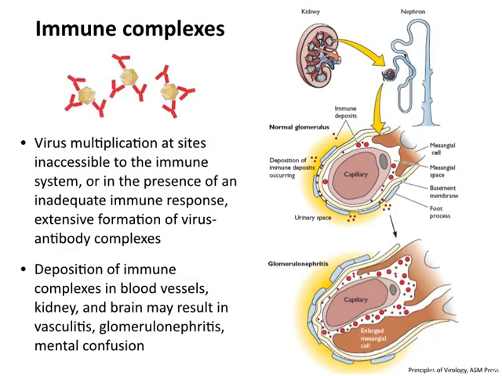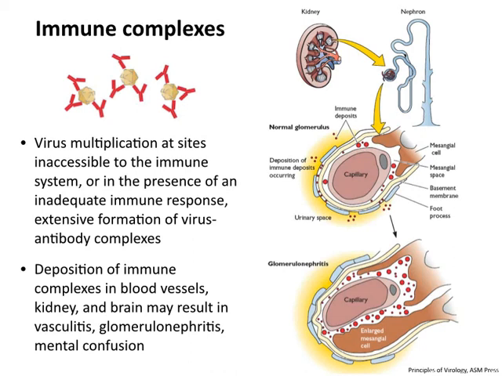One more example of antibody-mediated immunopathology. This is called immune complex formation. This happens when you have a substantial infection going on and a good antibody response. The antibodies combine with viruses, and sometimes these can form deposits in tissues with very small blood vessels, very small capillaries.